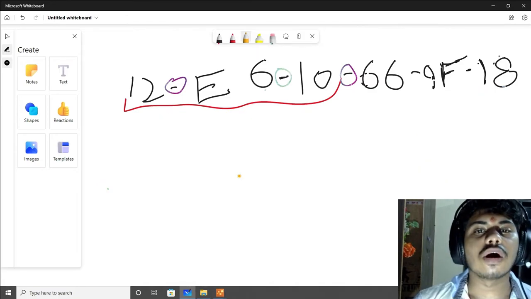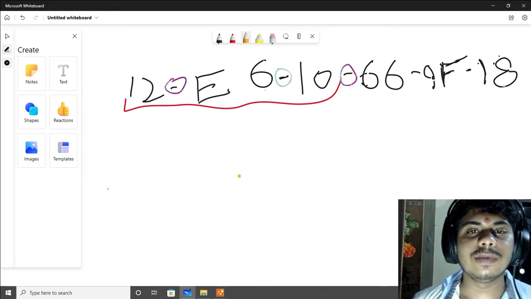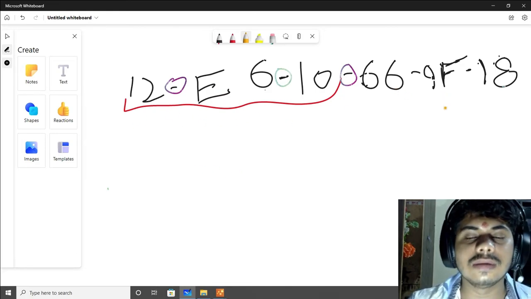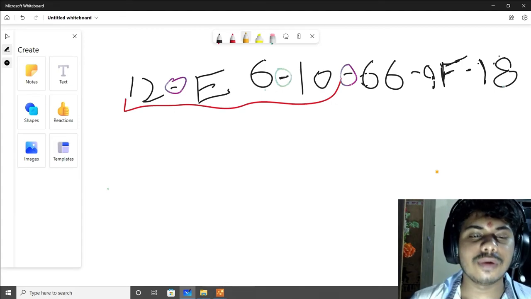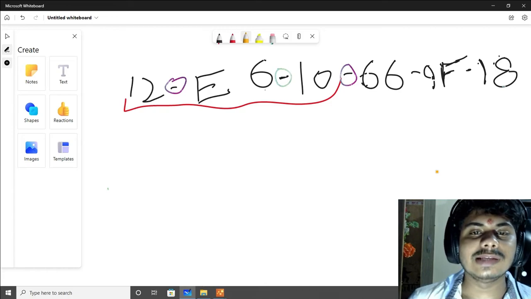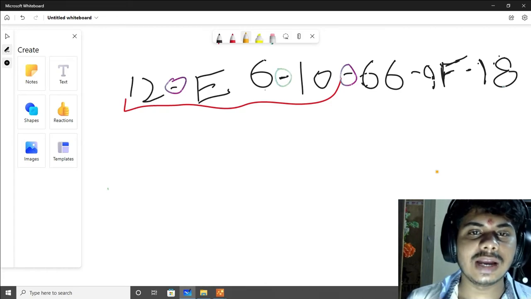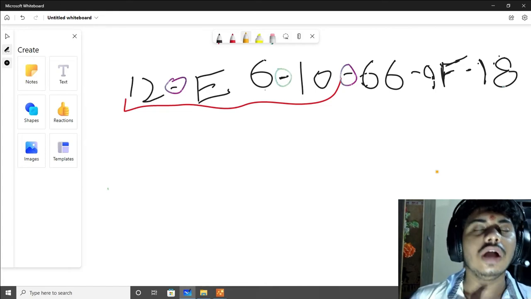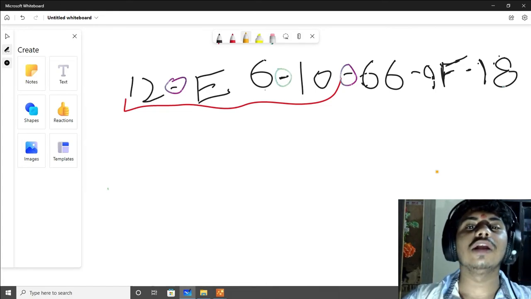So now let's talk about what hexadecimal numbers are. Let's make a scenario and understand with an example. There is a company called XYZ, and they want to manufacture a lot of PCs, a lot of laptops.